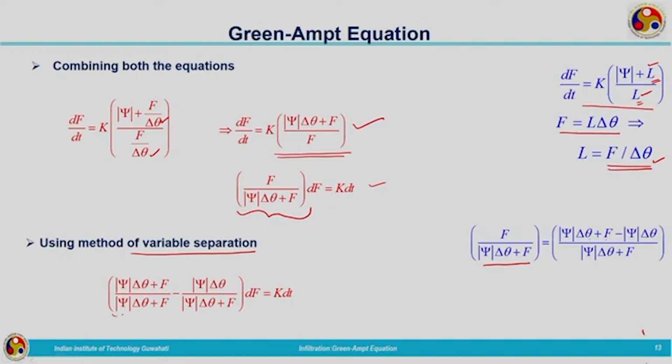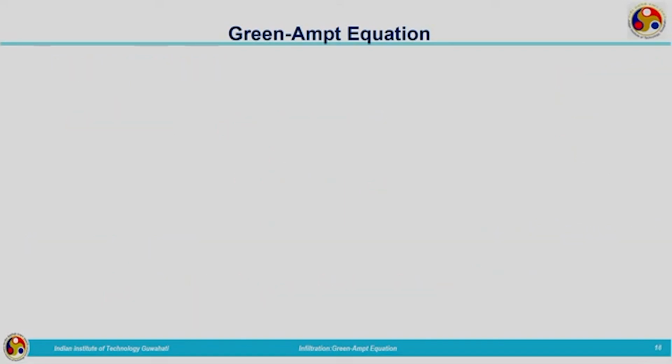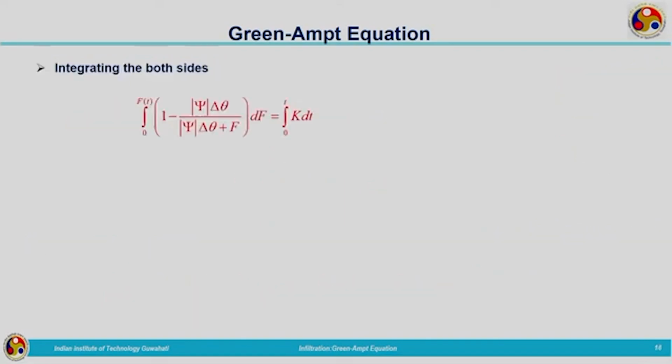So, this particular term will be equal to 1. So, next we are proceeding for that, it will be taking the form 1 minus psi delta theta divided by psi delta theta plus f df is equal to k dt. So, we are going to integrate both sides of the equation. Left hand side is something related to cumulative infiltration, right hand side is something related to time.